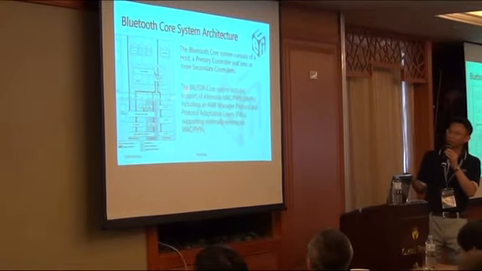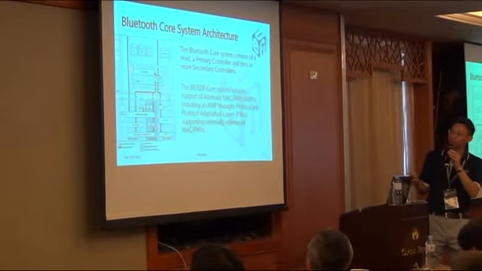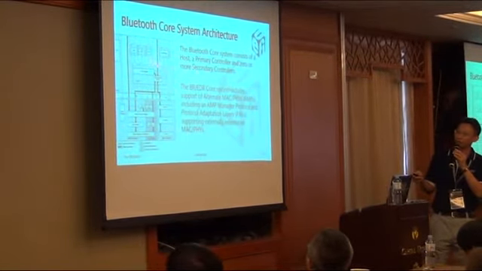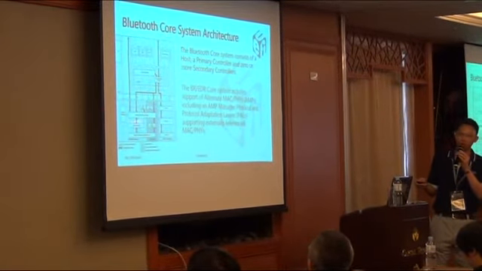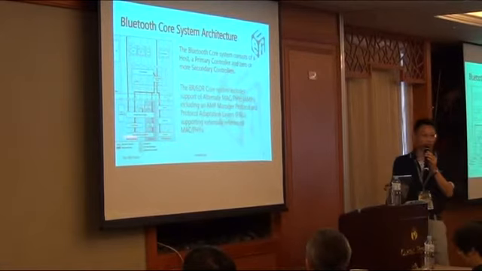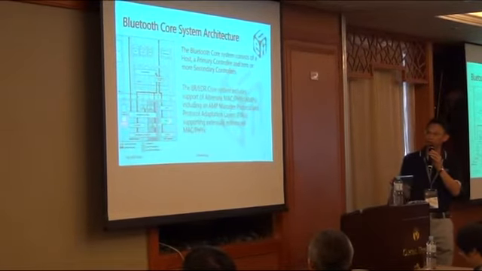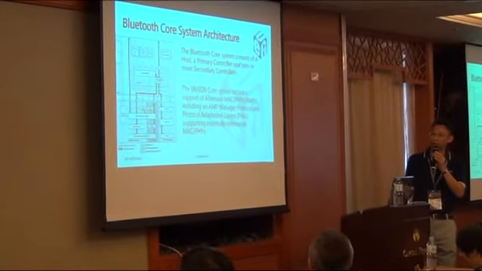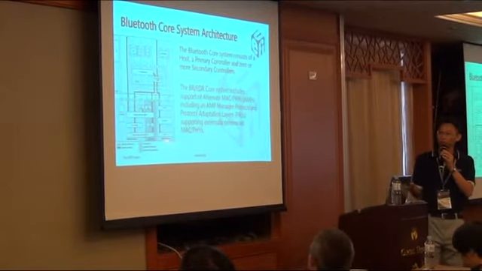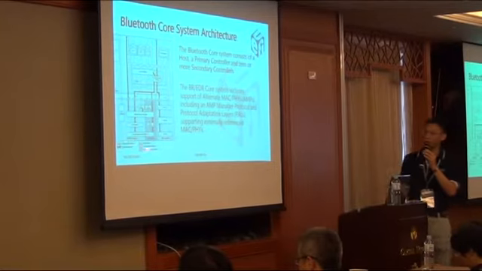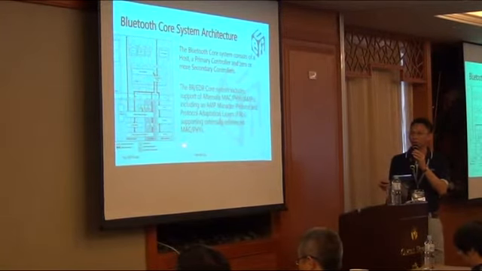We are not going to go through everything in detail, just give you a view. The upper half is a host, and the lower half is a controller. For the Bluetooth system, you can incorporate different controllers with the same host. Here, there are three types of controllers shown: the Basic Rate controller, the Low Energy controller, and the AMP controller.